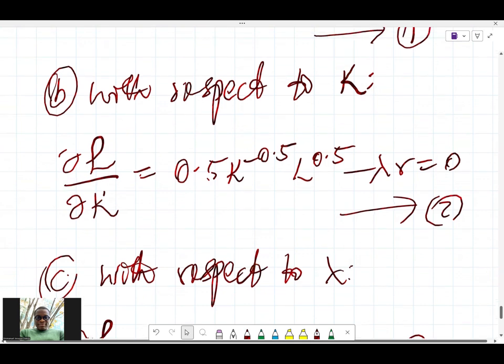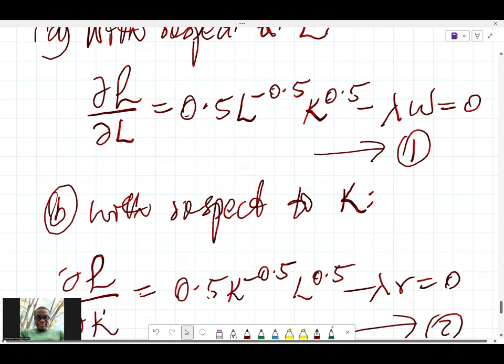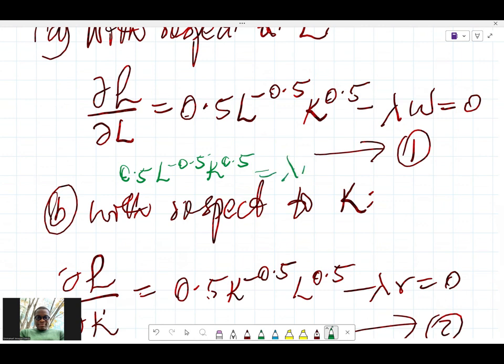Of course, we can rewrite this as 0.5 L raised to the power minus 0.5 K raised to the power 0.5, and that is equal to lambda W. And that will become what we did for the first example, where we just said grad F equals lambda grad G. So everything boils down to that basically.